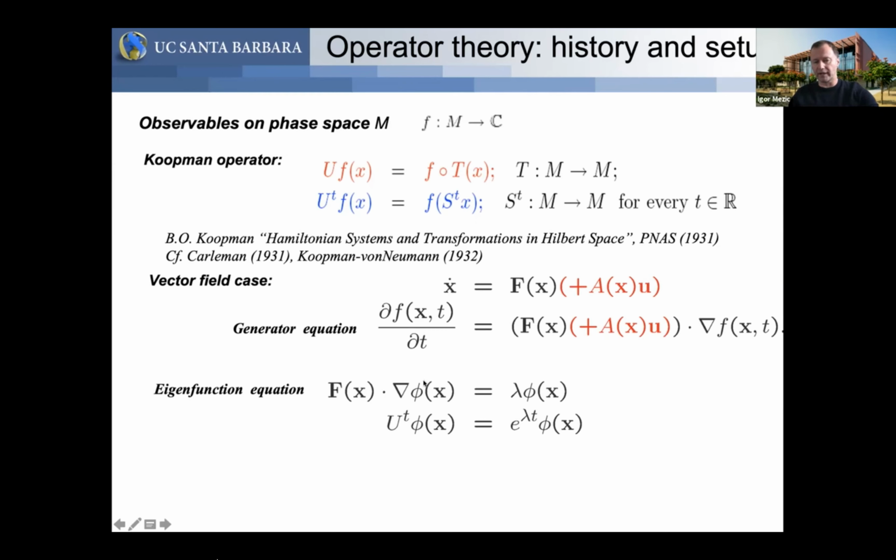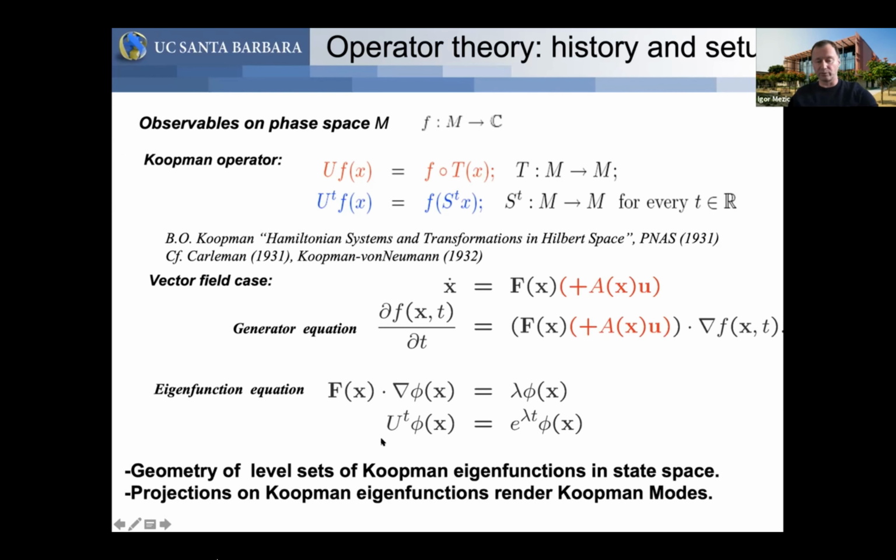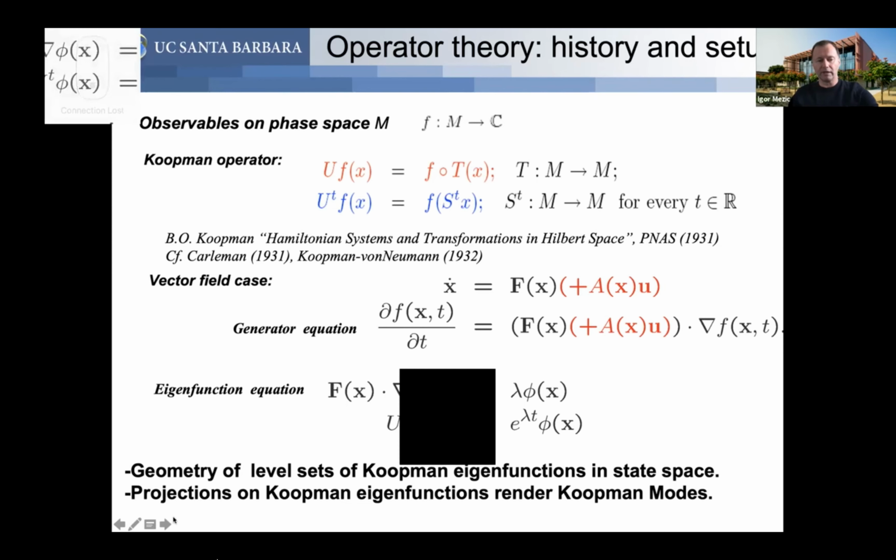And then we look for eigenfunction equations in this form here. If we find an eigenfunction, we tend to be pretty happy, because we can reduce the dynamics to dynamics of the eigenfunction itself and understand the geometry of state space. We can project observables on the eigenfunction itself and find what we ended up calling Koopman modes, and so on and so forth.